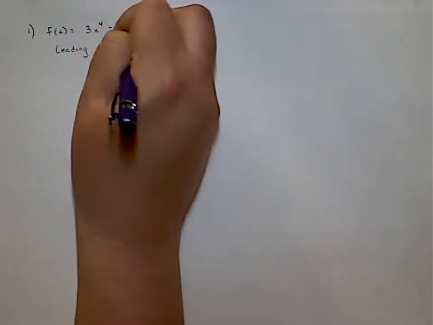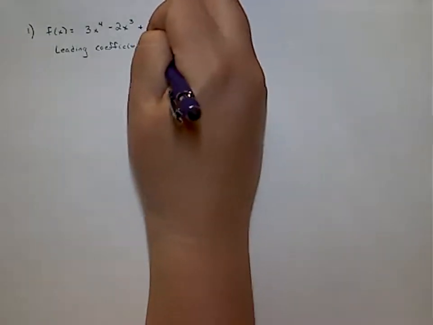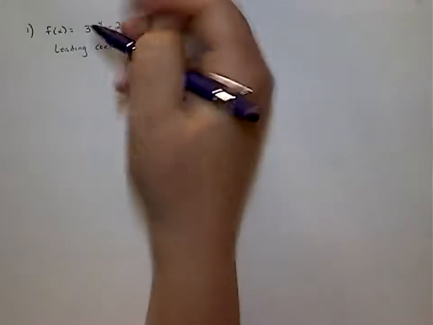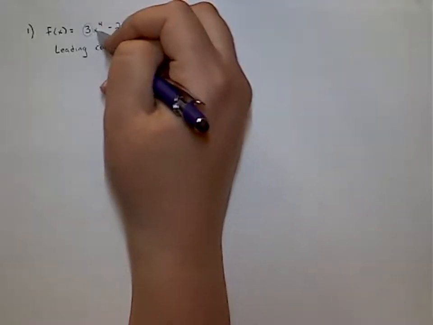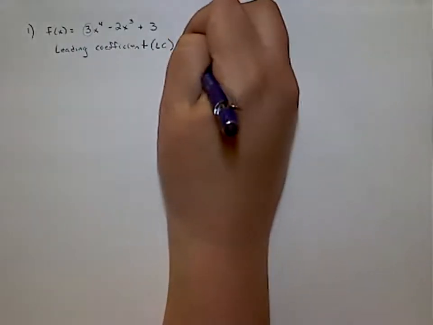Now, leading coefficient is a pretty long word to write. I hate writing it all the time, so I abbreviate it as LC. So when you see me writing LC, I mean leading coefficient. So our leading coefficient, that is our first number, the number that's in front of our highest degree term. So that in this case would be 3.